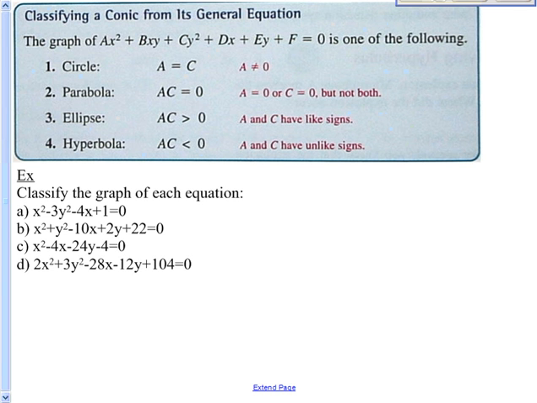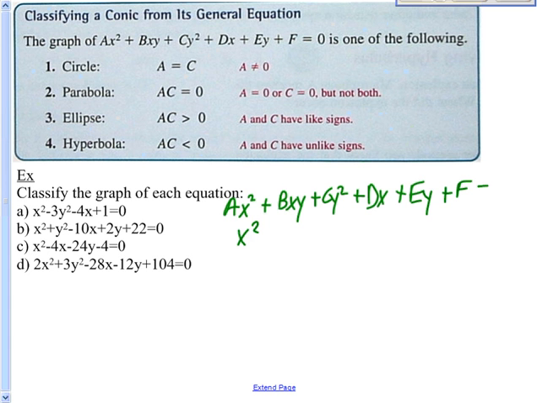Okay, so let's look at the first one here. X squared minus 3y squared minus 4x plus 1 equals 0. And let me write the general equation right above it: Ax squared plus bxy plus cy squared plus dx plus ey plus f equals 0. Okay, so we got part A here.